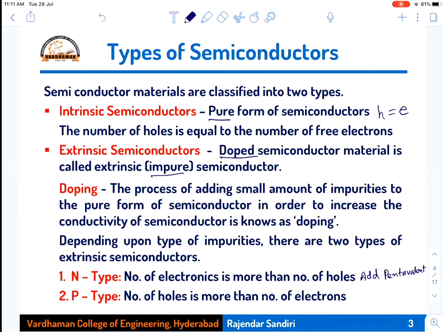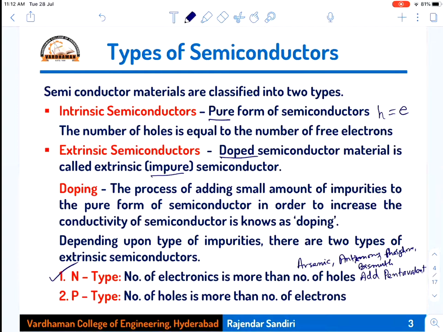Pentavalent impurities, which are arsenic, antimony, phosphorus, bismuth, and so on. If you add pentavalent impurities such as arsenic, antimony, phosphorus, bismuth, etc. to the intrinsic or pure form of semiconductor, then an N-type semiconductor is formed.